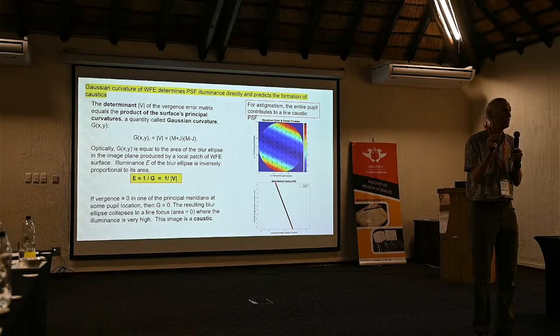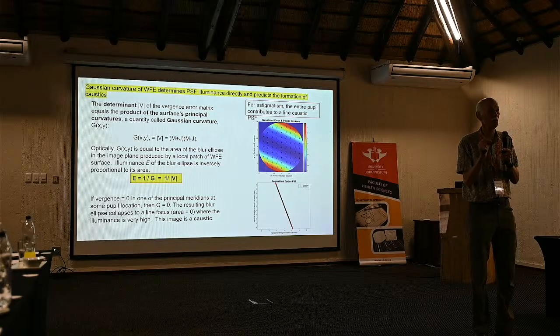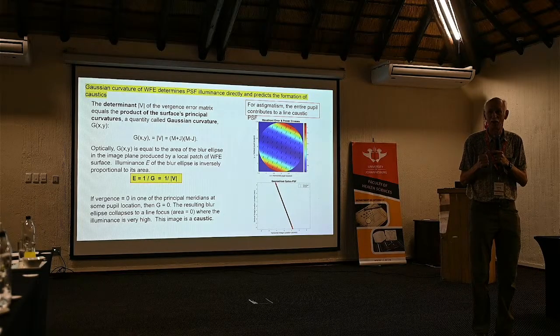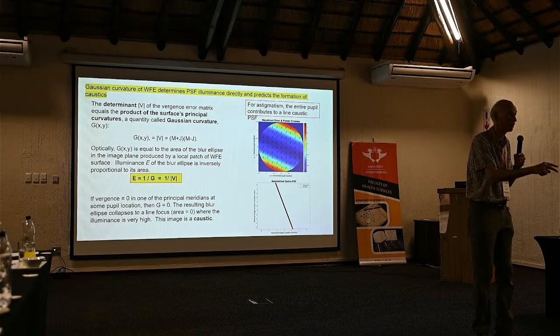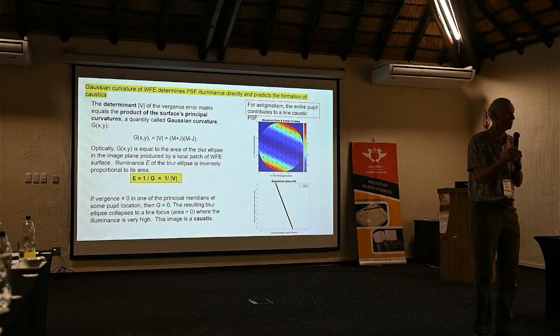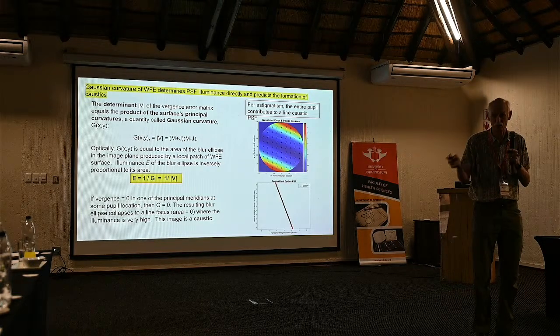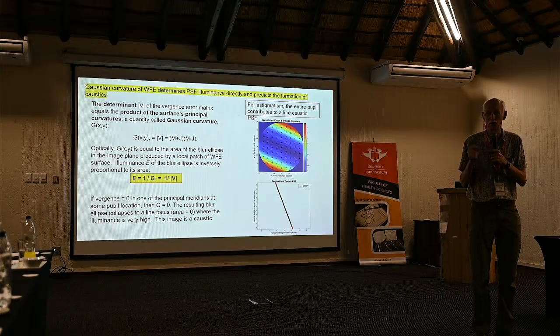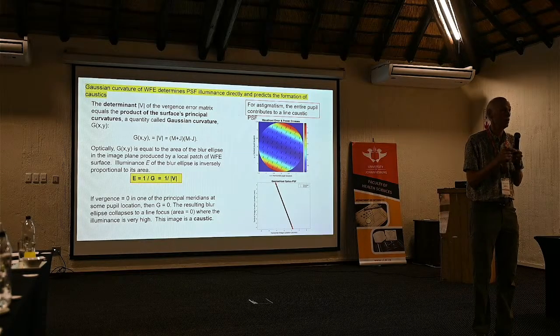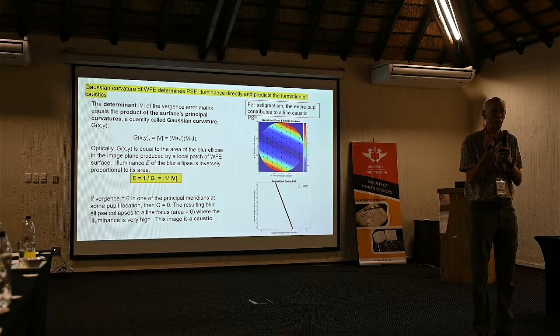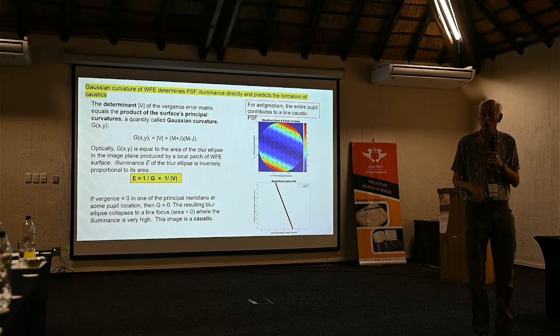That's a certain amount of light per 0 unit of area. That's like infinite illuminance of the retina. Now it doesn't actually get like that, because that's a geometrical optics approximation, and physical optics says the light gets diffracted, spread out a little bit. Nevertheless, you can tell that there's going to be something really exciting happening on the retinal image if you ever get a Gaussian curvature of 0.